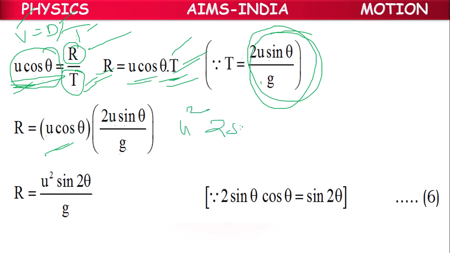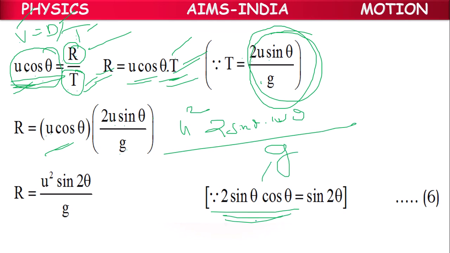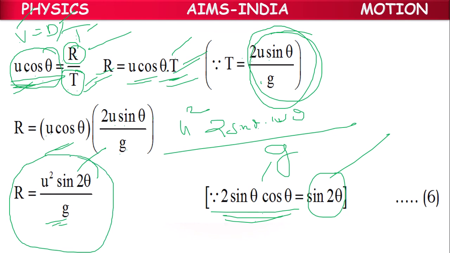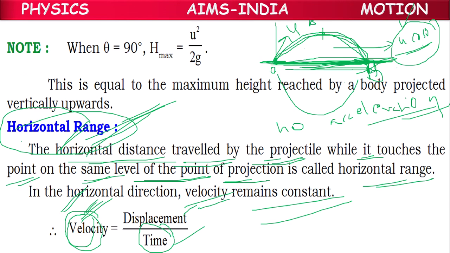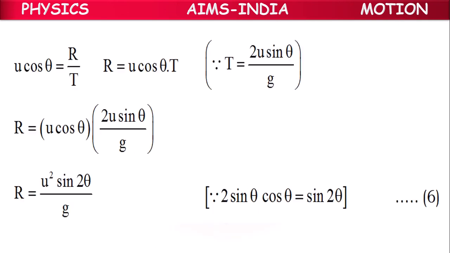We can write it as u square, 2 sin theta into cos theta by g. But 2 sin theta into cos theta in trigonometry is equal to sin 2 theta. So u square sin 2 theta by g. This is the formula of horizontal range. So the fifth equation also we have learnt.